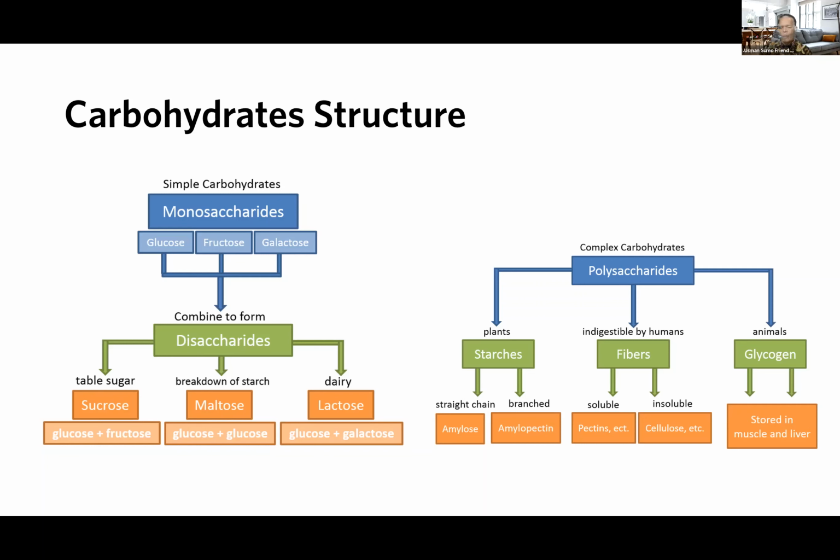Also, we can find it from fiber, which is indigestible for humans, and we can also find it from animals such as glycogen. This glycogen is a source of energy that is abundant, let's say, in muscle. Next slide, please.